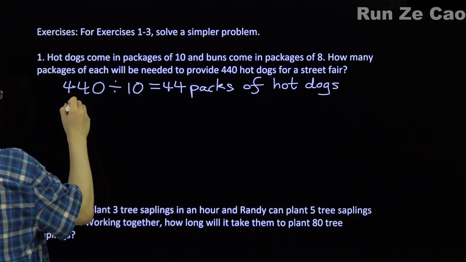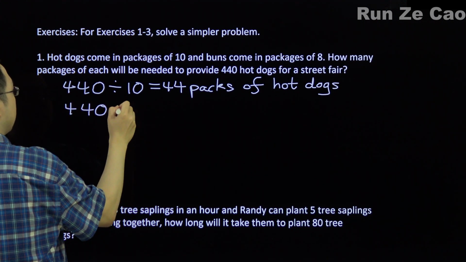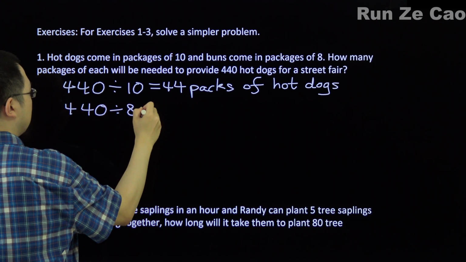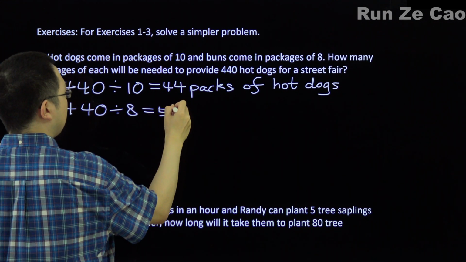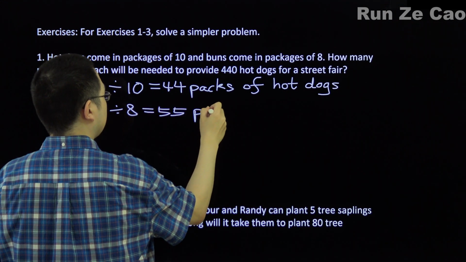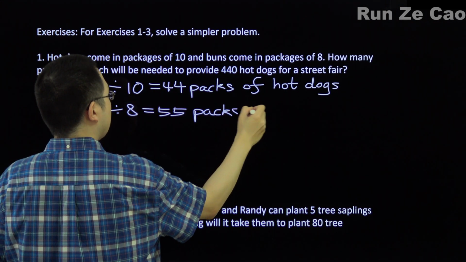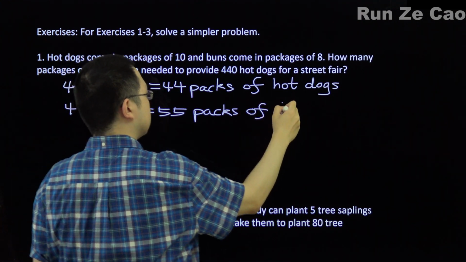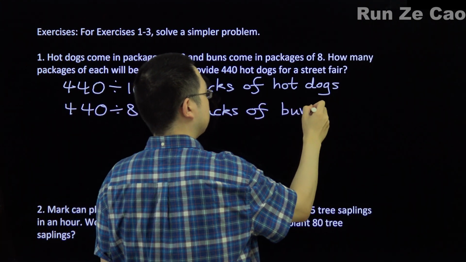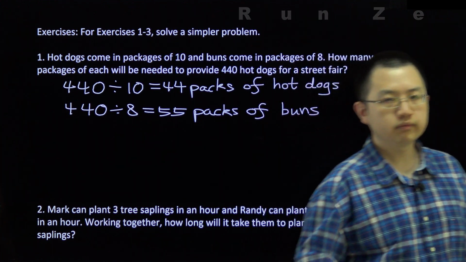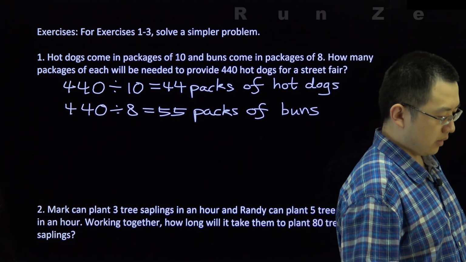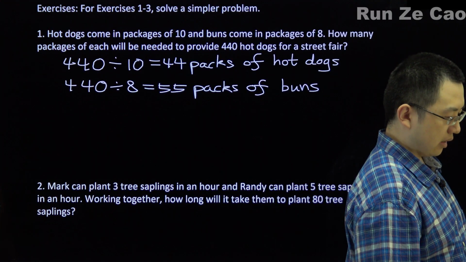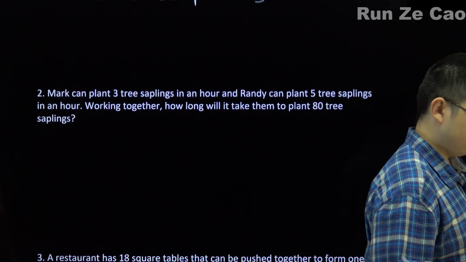And 440 divided by 8 is equal to 55 packs of buns. So yeah, don't try to do everything at once. That tends to go poorly.